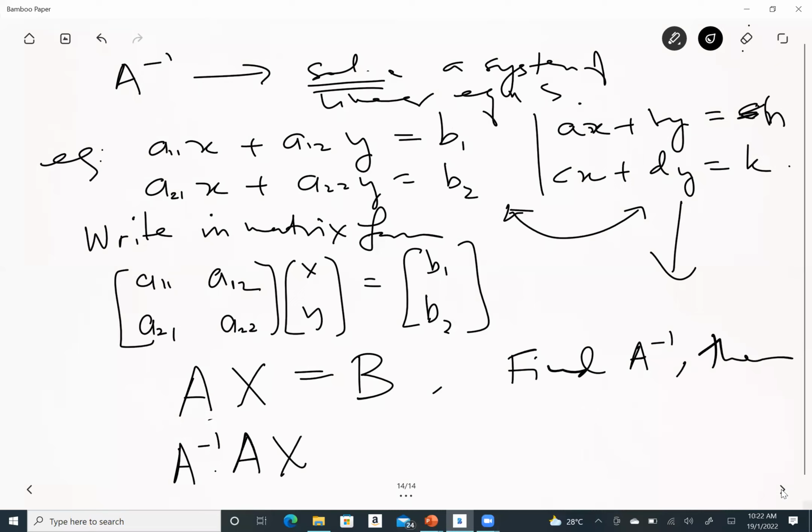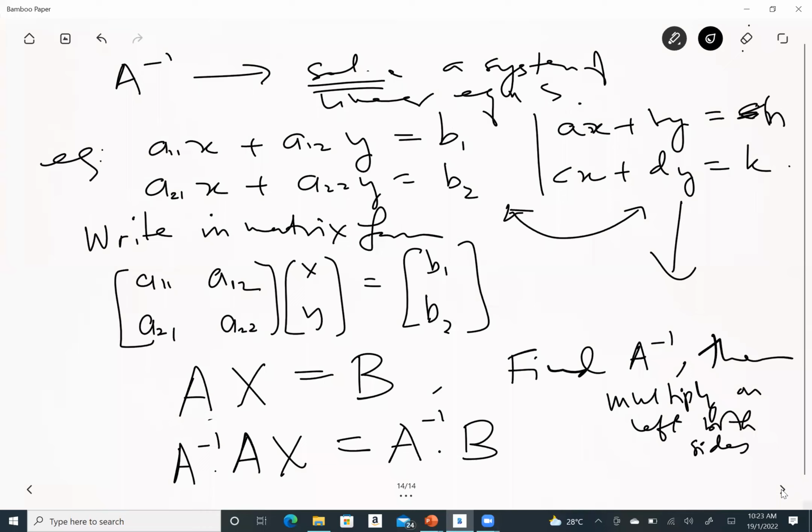So I get A inverse multiplied by A multiplied by X equal to the inverse of A times B. Multiply on the left, both sides, because if you multiply the constant with A inverse on the right, then you cannot do it on both sides.